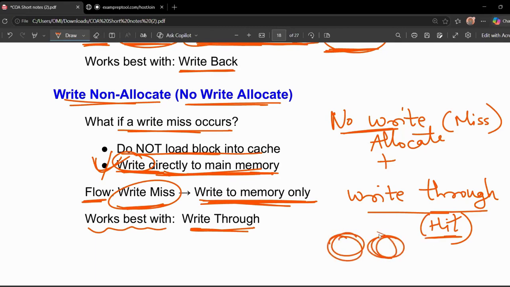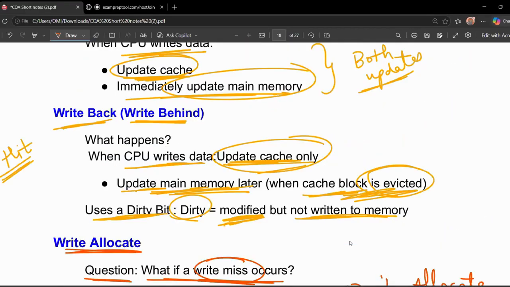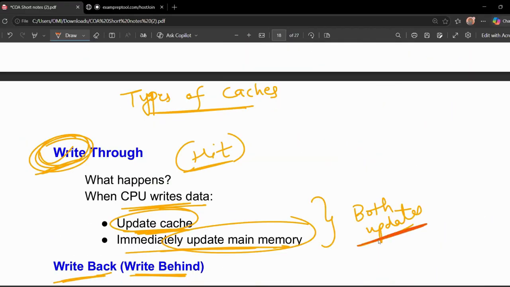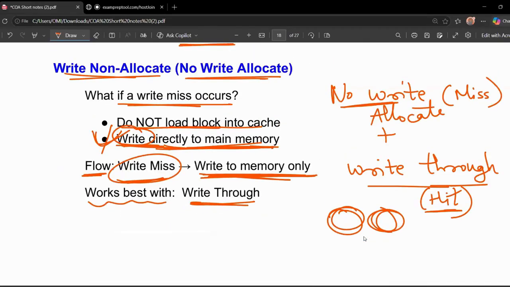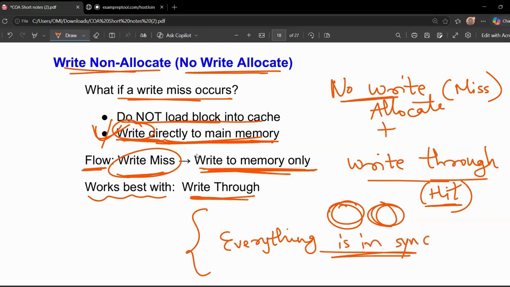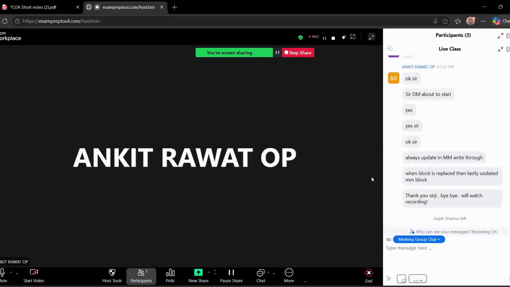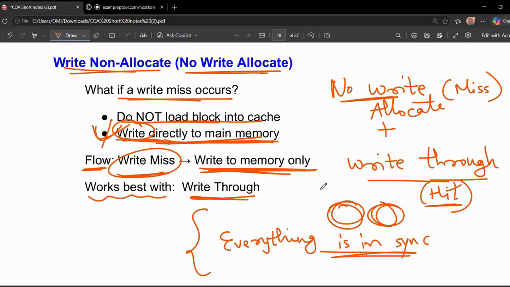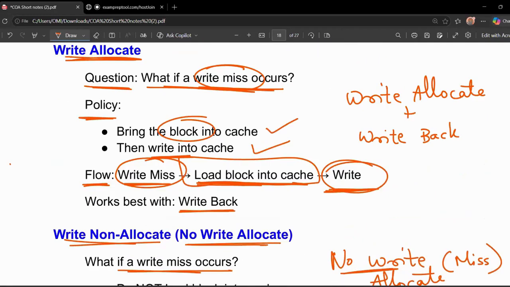So everything is in sync, and main memory is updated every time.